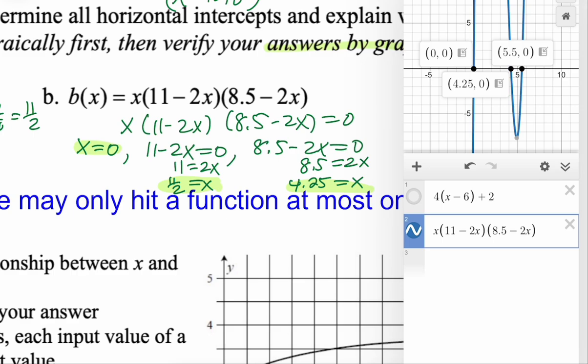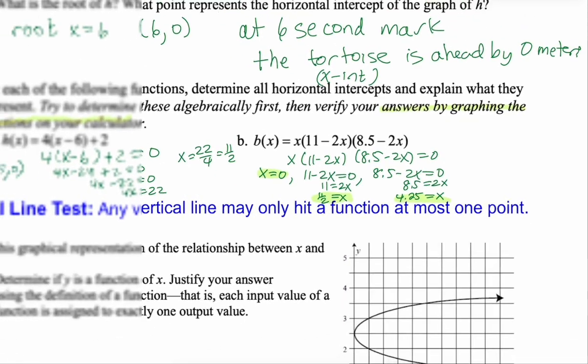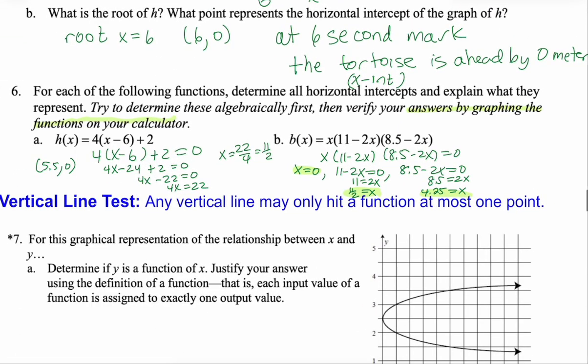So it has 3 horizontal intercepts, 3 x-intercepts, 3 roots, 3 zeros, whatever you call it, it's all asking the same thing. It occurs at 0, 4.25, and then that 11 over 2 was 5.5. Okay. So please, your algebra and your graph should always go together. Any questions about finding the zeros or the horizontal intercepts?